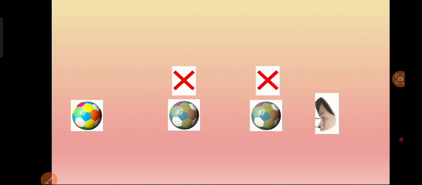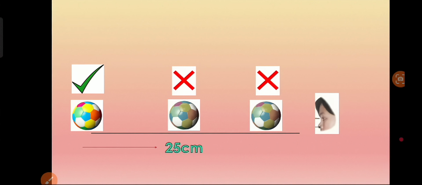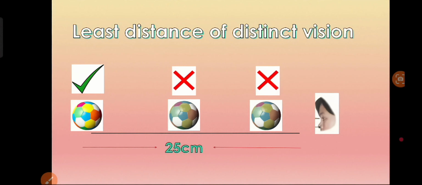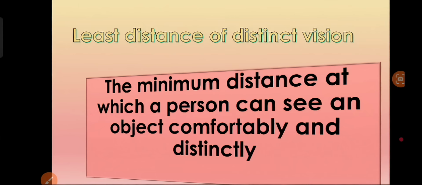At a particular minimum distance, I am able to see the ball clearly and distinctly. That is at a distance of 25 centimeters. This 25 centimeters is called the least distance of distinct vision for a normal eye. The minimum distance at which a person can see an object comfortably and distinctly is called the least distance of distinct vision.